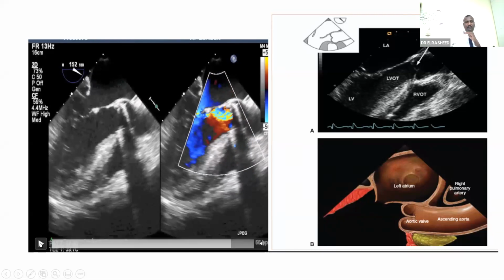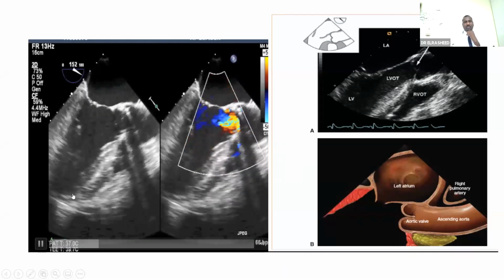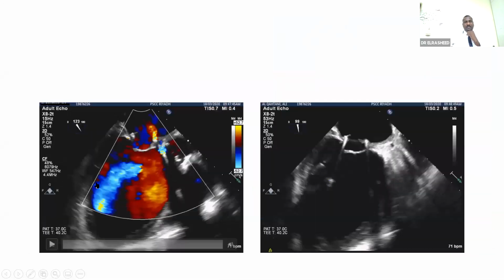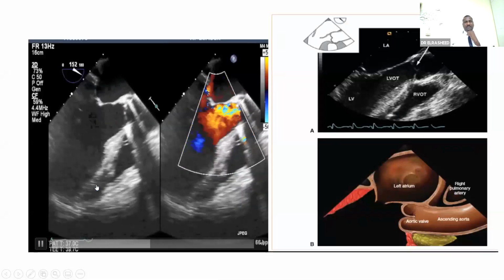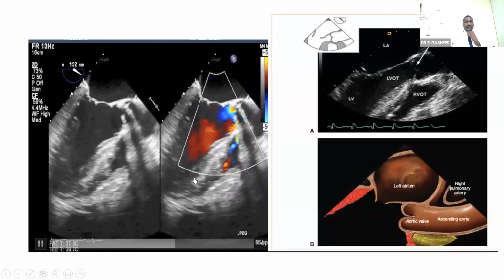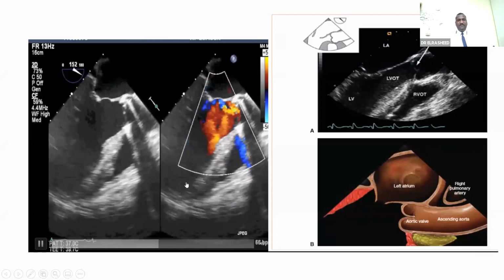Don't depend on one view to diagnose anything. You have to do many views to get your final conclusion. After you finish the diagnosis, you sit again, you review again, and you reach a conclusion about the final diagnosis.